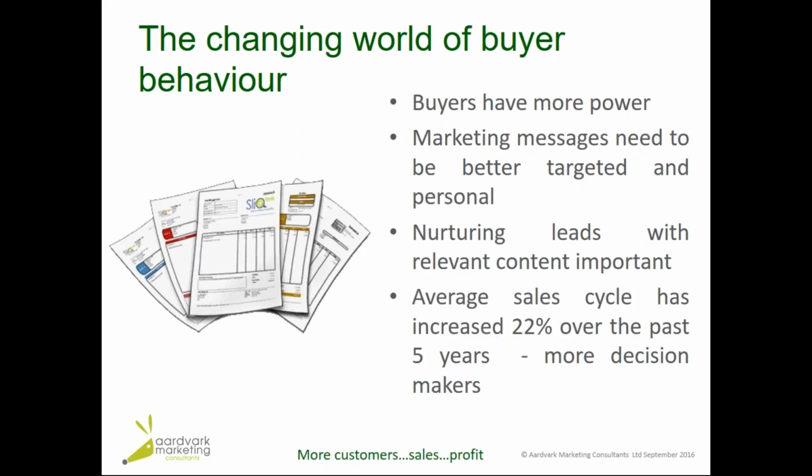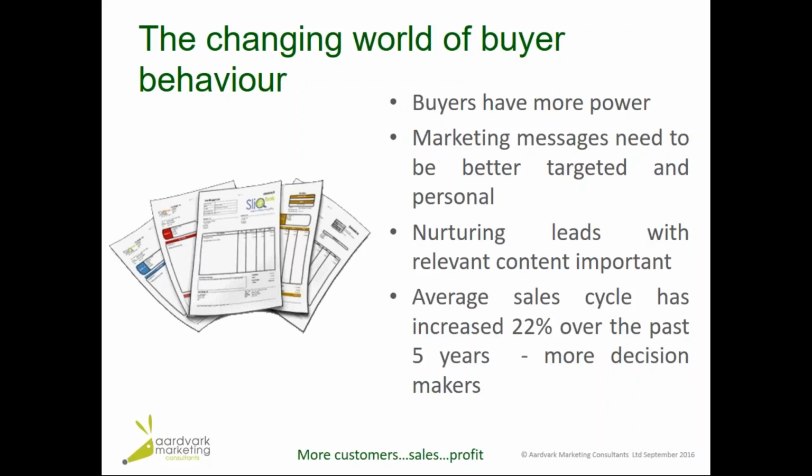The other thing that happens is that nurturing these leads, looking after people who are visiting your website and seeing how they're engaging with you, is now almost seen as a requirement by many in the marketing industry. Certainly the big players see this as a requirement, a must-have. The average sales cycle has increased a lot.